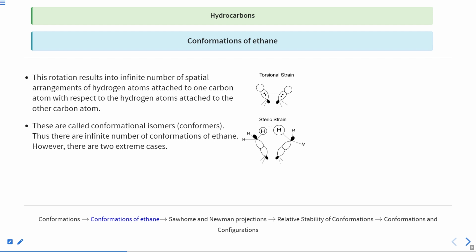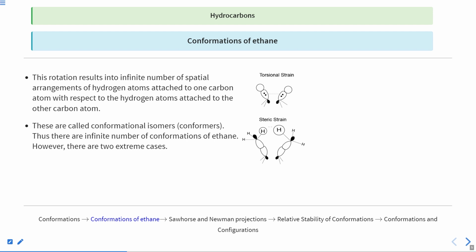So with respect to this, it can be here, here, here, here, here, and that would result in an infinite number of configurations. Now these are called conformational isomers or conformers, meaning the various conformations I am talking about. There are an infinite number of conformational isomers that are possible.